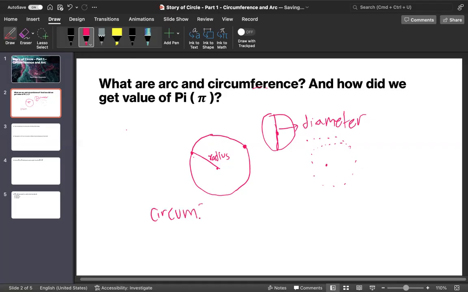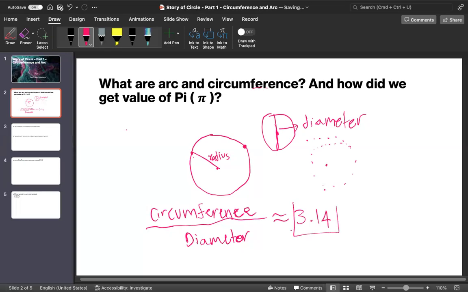We're going to measure that first, and then we're going to divide that by the diameter of the object. And that should approximately be 3.14. Well, whatever. It should be close to 3.14.